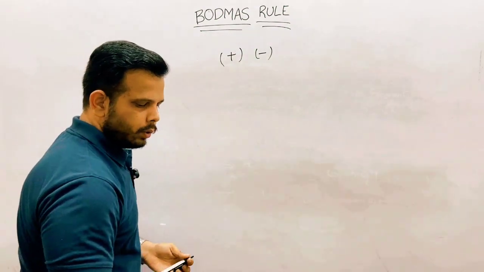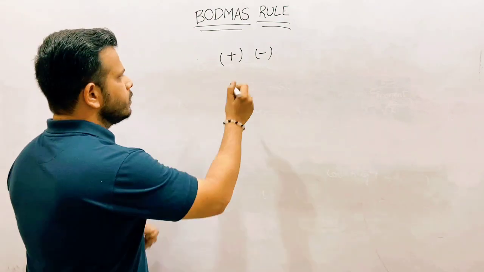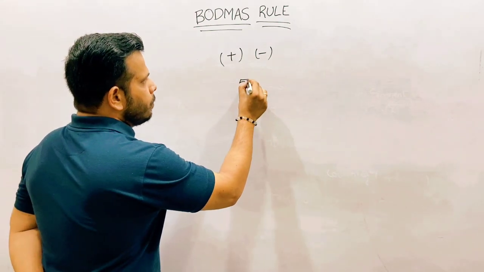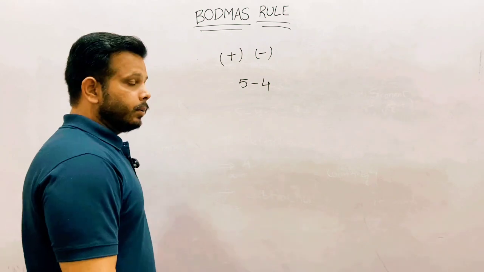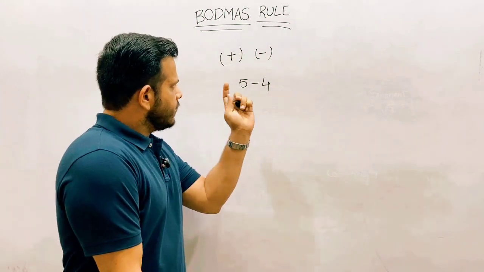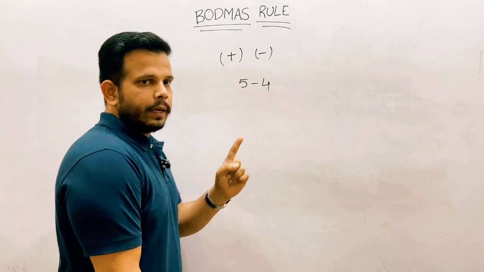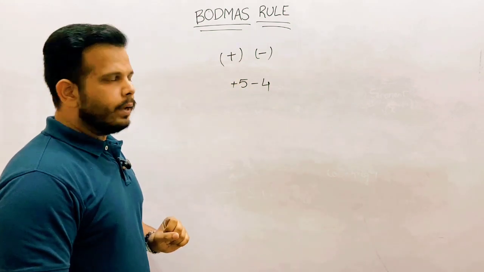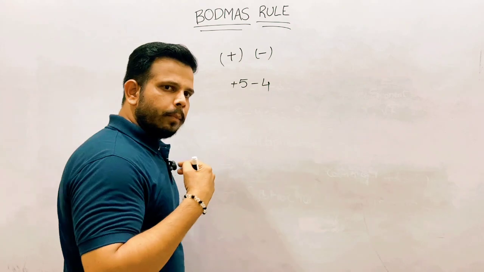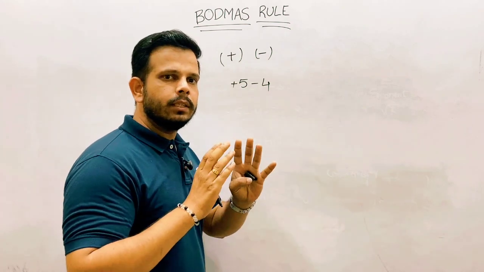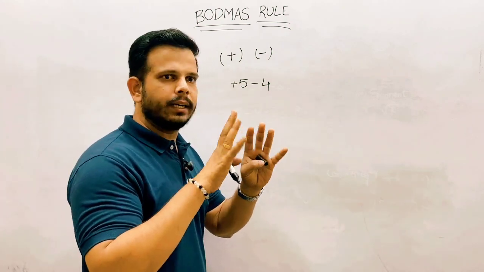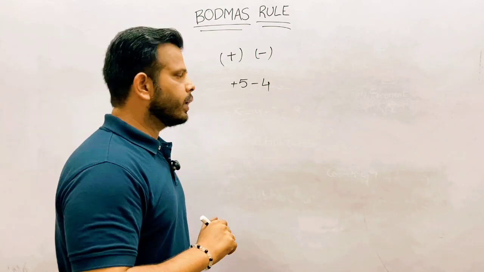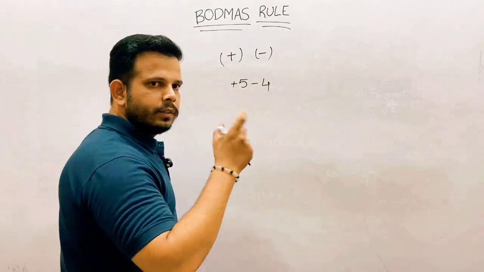Let me say how. If I say 5 minus 4, listen properly. If I say minus and there is 5, it means there is some positive symbol before 5. One of my masters taught me this when I was 12-13 years old and got confused with positive and negative.